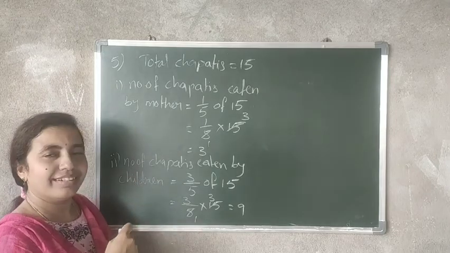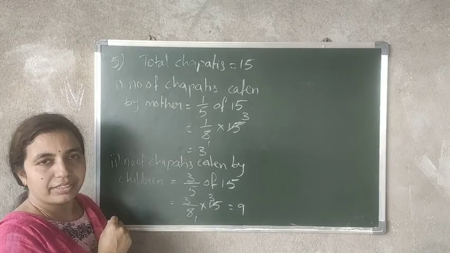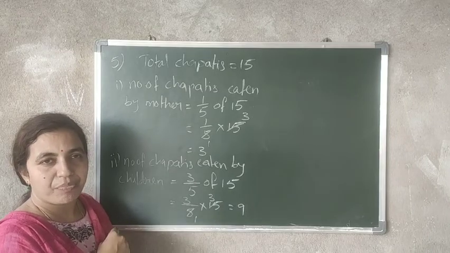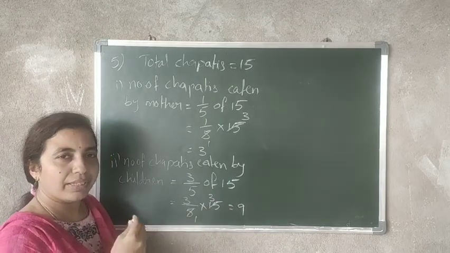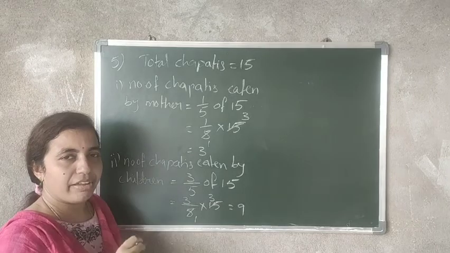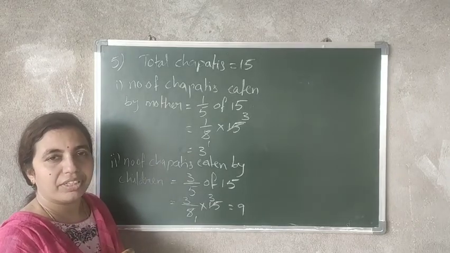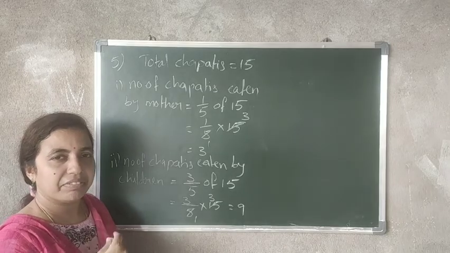You have eaten 9 chapatis and your mother ate 3 chapatis. Totally, how many finished? Totally we have 15. 3 and 9, your mother and you completed how many? 3 plus 9, 12 chapatis you have eaten. That means how many left for your father? Only 3 chapatis left for your father.